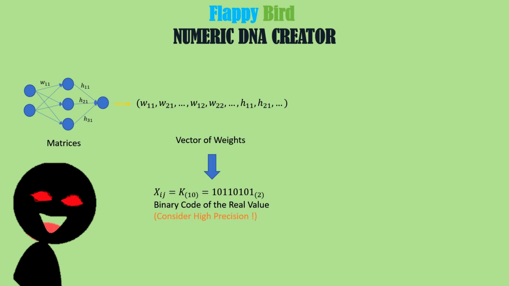And of course we have to consider a higher precision, because when we restitute the neural network we need to have the same numbers. For example, we have a 3.12 value after the comma. When we code it to binary code and we try to restitute, we need to find the same number. To do that, for example, I took a precision of 64 bits.